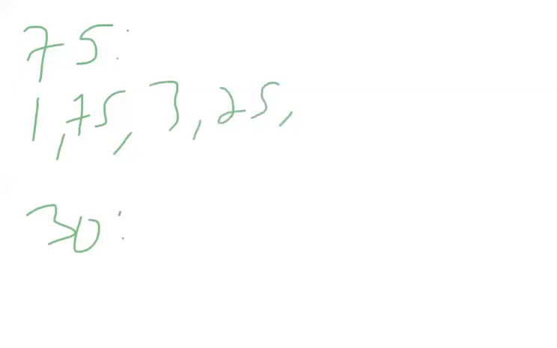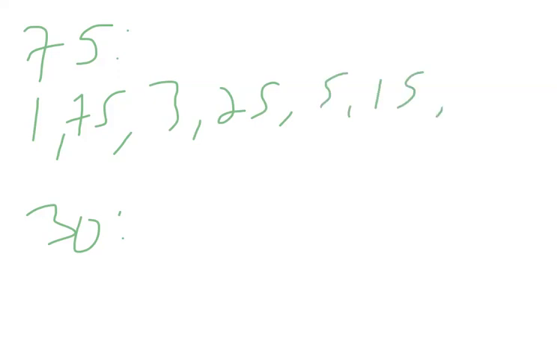Okay, 75 and 30. All right, 1, 75. 2 cannot go into it. 3 can, 25. 4 cannot. 5 can. 15 and 5, 6, 7, 8, 9.